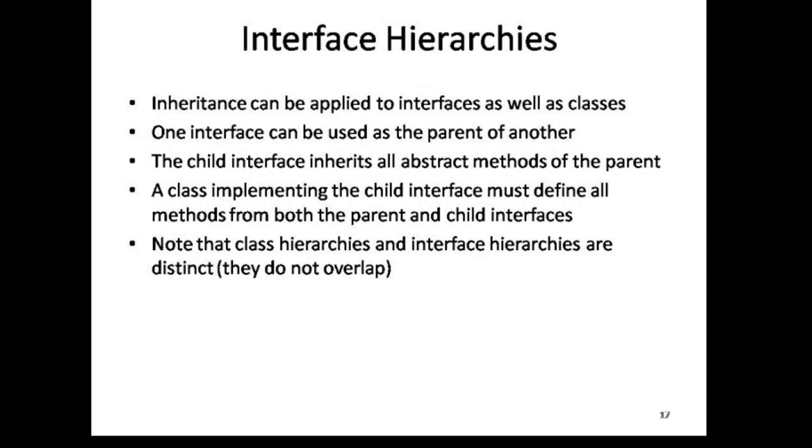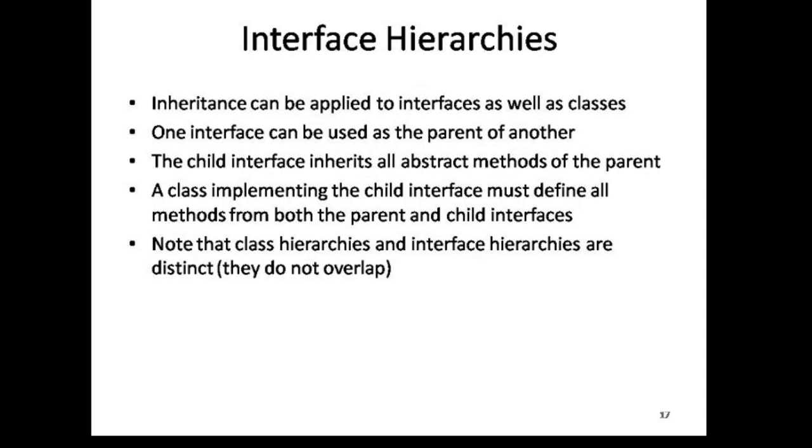So suppose there is a parent interface P, and it has two or three methods without bodies, just declarations of methods. Then there is an interface B that inherits the first interface, and the derived interface also has some methods.